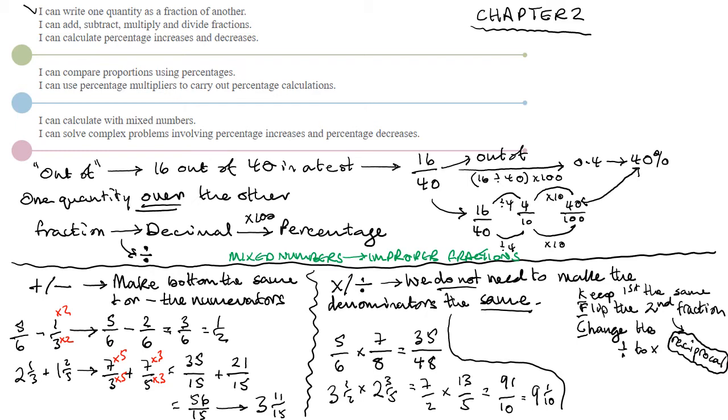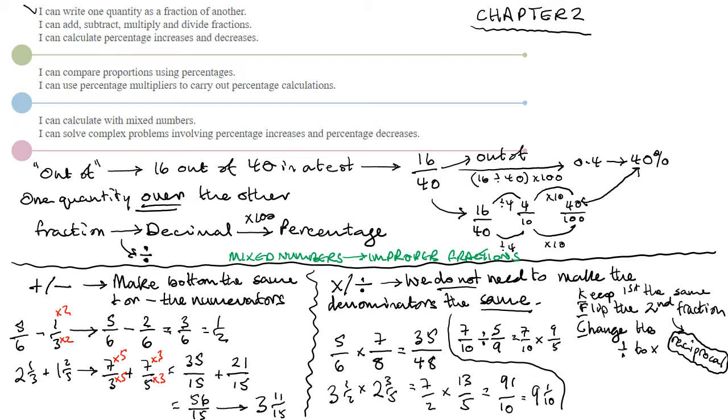So if I had something like 7 over 10 divided by 5 over 9, keep the first fraction, 7 over 10, flip the second fraction, 9 over 5, change the sign.